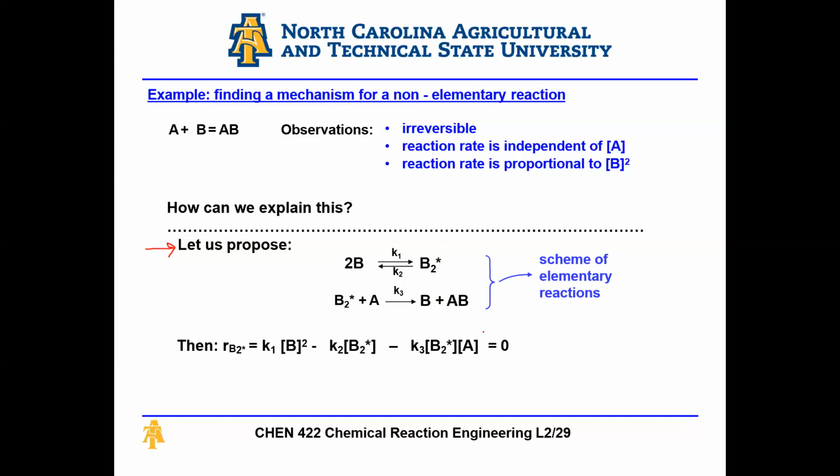And then I write the rate of formation of B2. So I'm going to say R_B2* is equal to k1 B squared, because it's the rate of formation of B2, k1 multiplied by B to the power 2, minus the rate of consumption of B2*, which is k2 multiplied by B2*, minus the rate of consumption of B2* in this reaction, which is k3 multiplied by B2* multiplied by A. I set this equal to 0 because it's an intermediate, and once it appears, it disappears immediately.